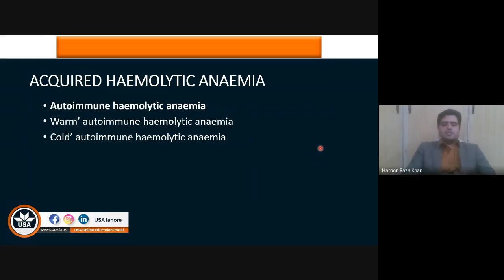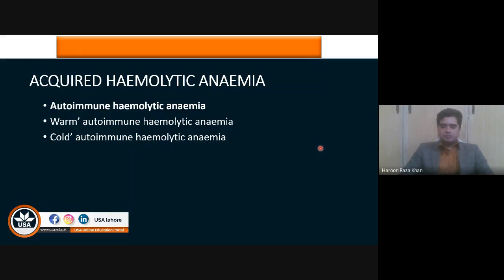This is known as autoimmune hemolytic anemia. It is classified according to whether the antibody reacts at body temperature, the warm antibodies, or at lower temperatures or cold, hence the term cold antibodies.